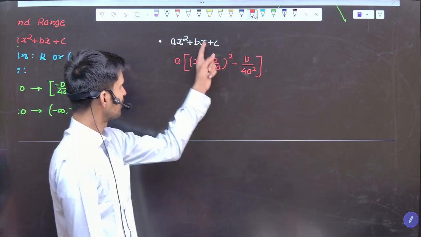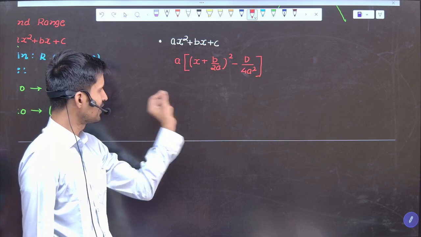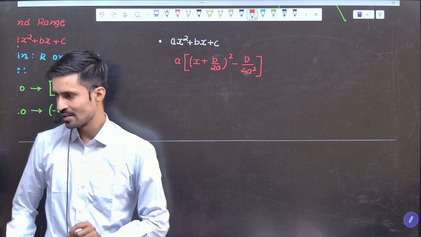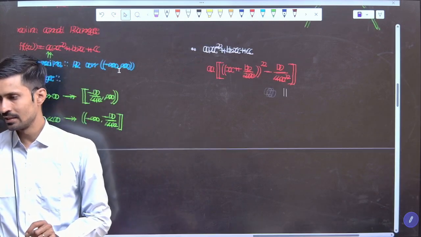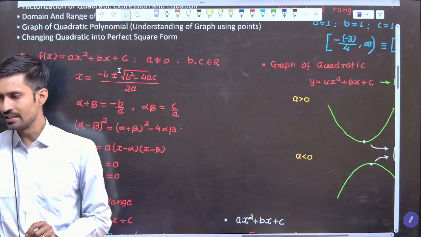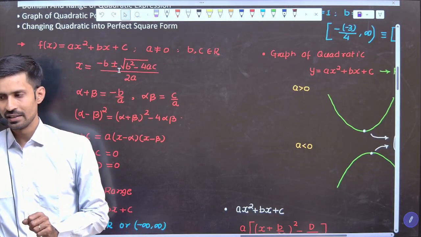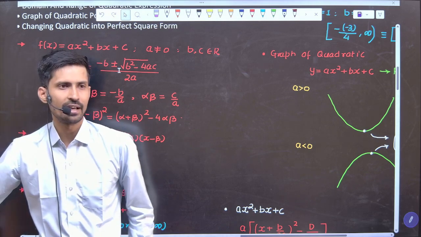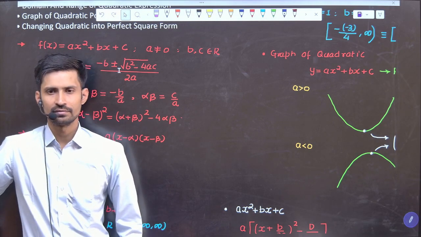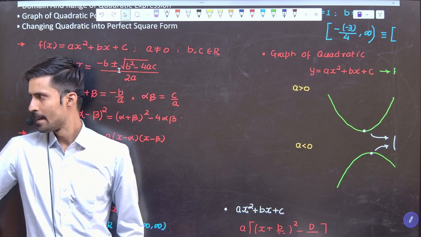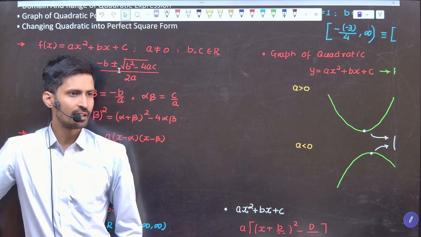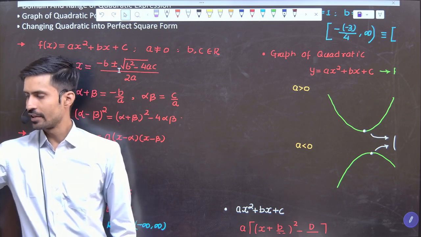Okay, so first change it into this and write one point. Topic is changing quadratic expression in perfect square form.